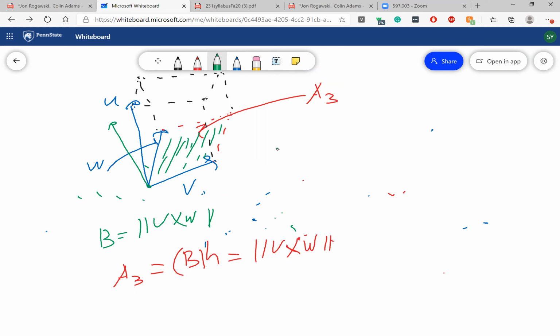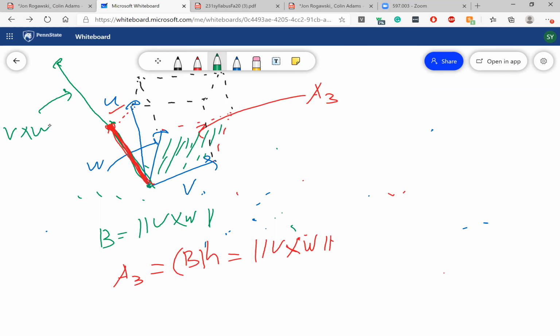The height of this parallelepiped is going to be the projection of U onto V cross W. Let's say V cross W is this vector, slightly bigger. Then the height is this over here, which is the projection of U onto the green vector, V cross W.